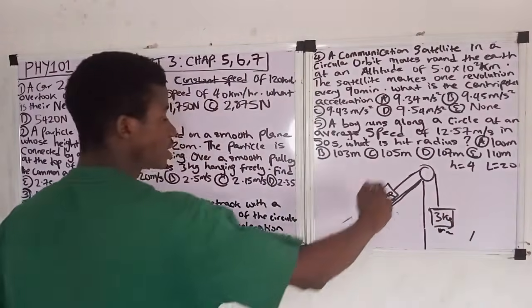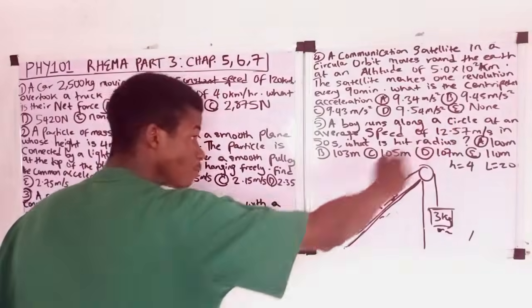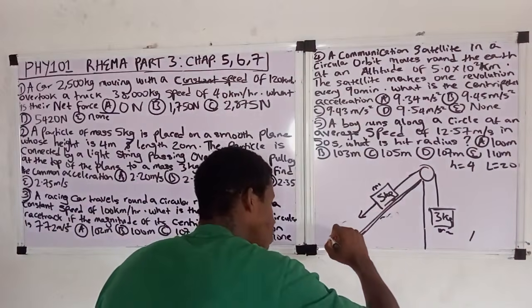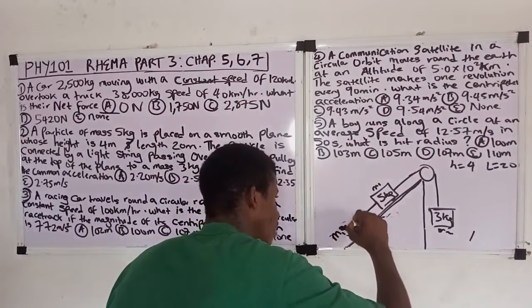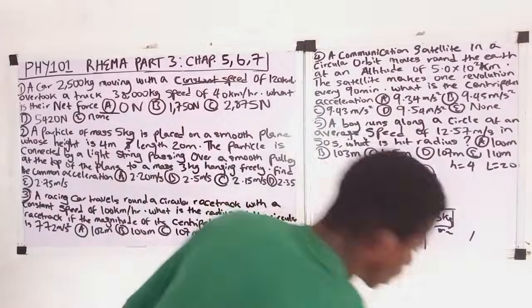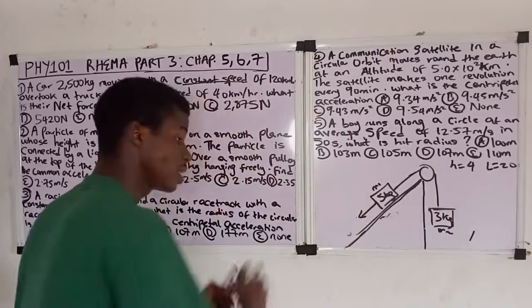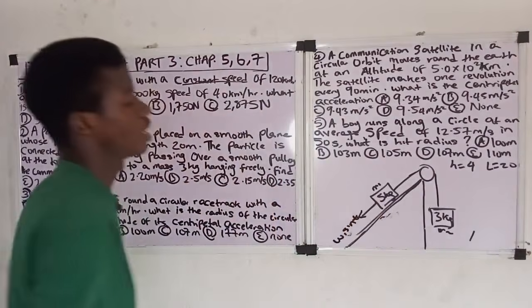Since we are dealing with mass 1, that force which is parallel to the plane is known as m1g sine theta. We can say W1 sine theta.